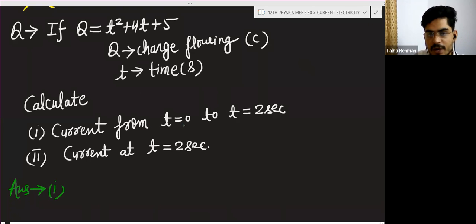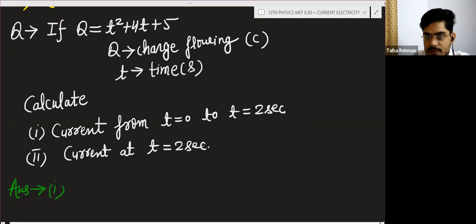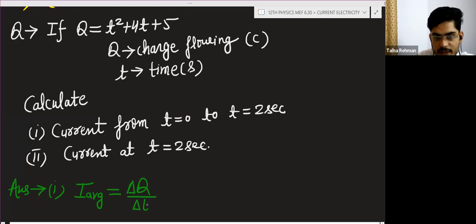Here we have to find the value of current for a significant amount of time. Means there is a range of time here. So we will calculate here the average current, because here is a certain amount of time, from 0 to t, not an instant of time. So we will calculate I average. I average is delta q by delta t.